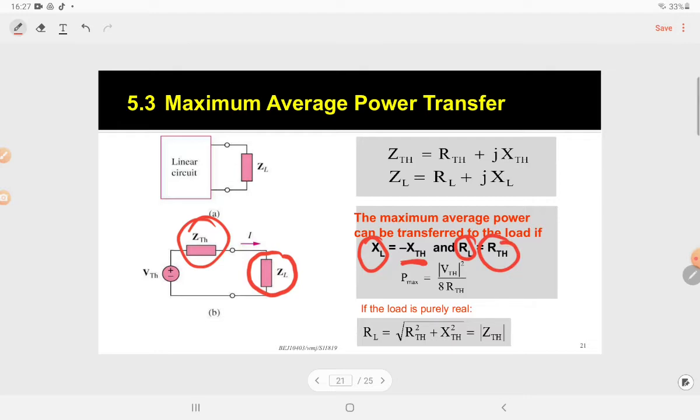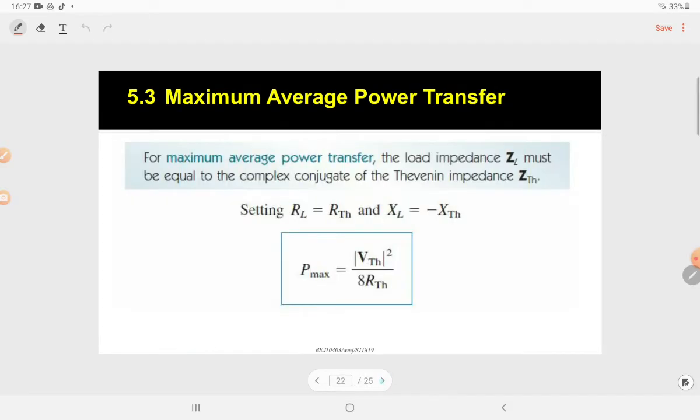So if this is our Thevenin equivalent circuit, then in order for maximum power transfer to happen from the source to the load, ZL must be equal to the complex conjugate of the Thevenin impedance.